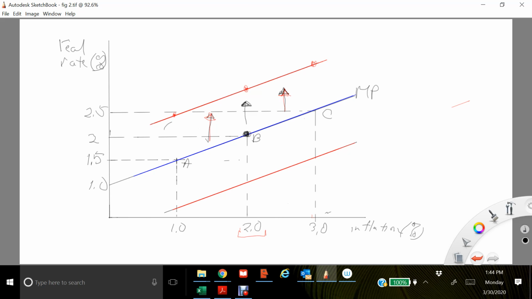And we show that by a parallel shift in the monetary policy curve. So this is a tightening of monetary policy.